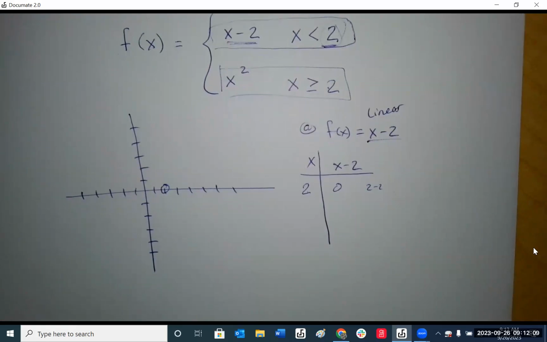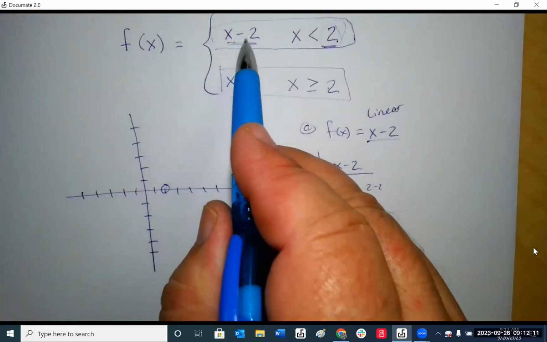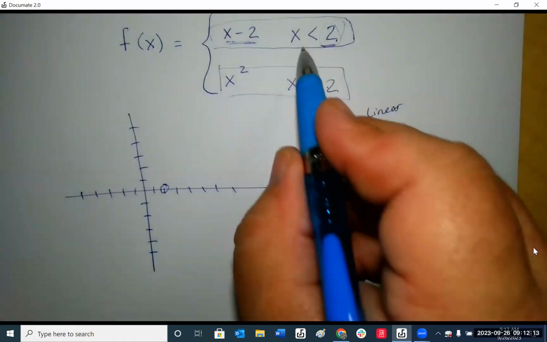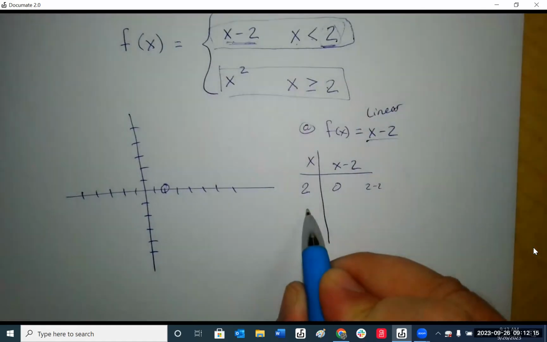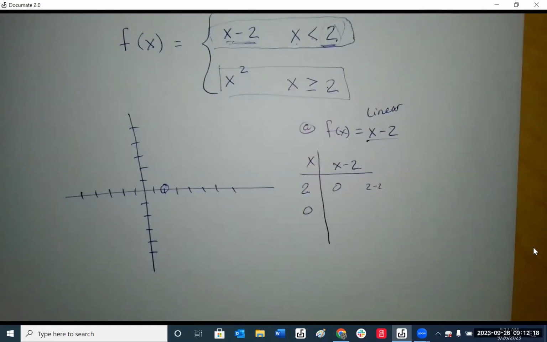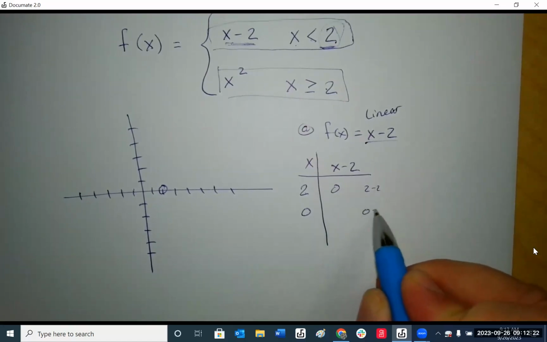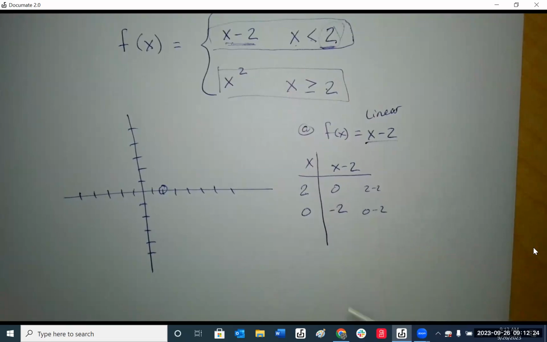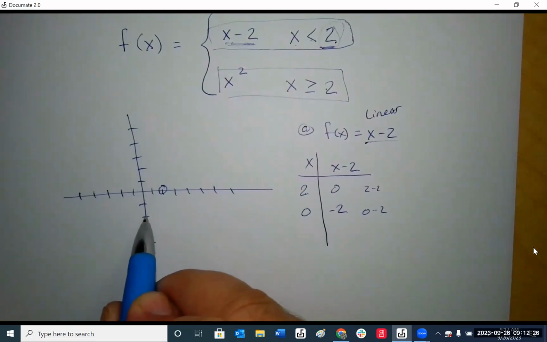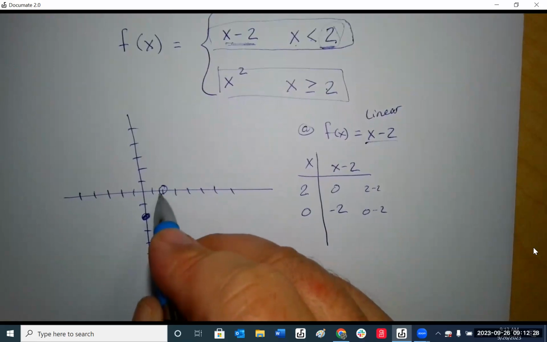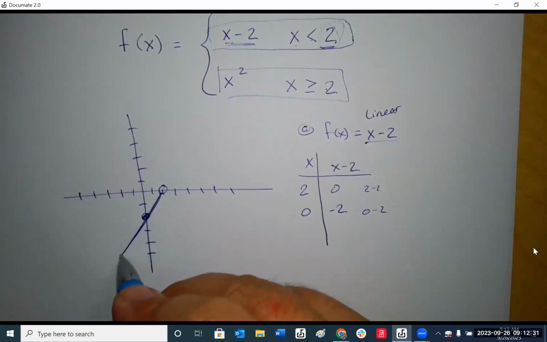But it tells me where this graph stops. Now it says less than 2, so let's pick another one. Let's pick 0. Plug that in there. So we have 0 minus 2 equals negative 2. So at 0, we have negative 2. So this part of the graph looks like this.